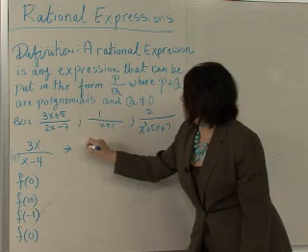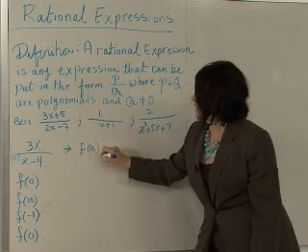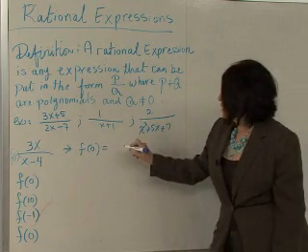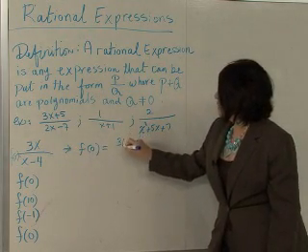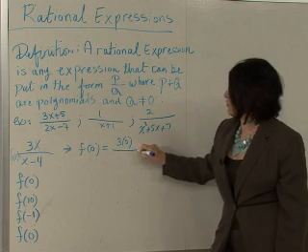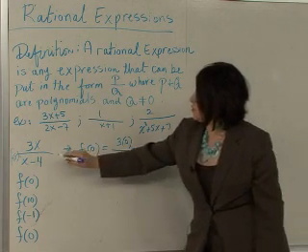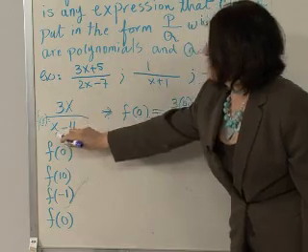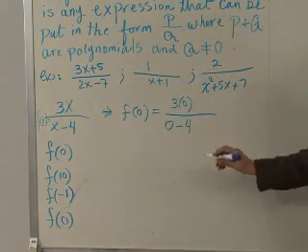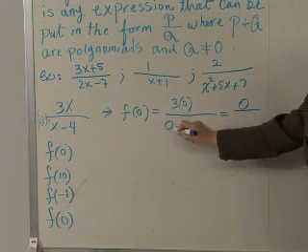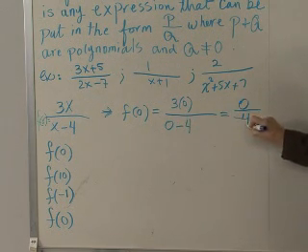I'm going to say f of 0, that means the y value when x is 0, is 3 times 0 over 0 minus 4. So you're going to plug in 0 for any x that exists in this function. 3 times 0 is 0 over 0 minus 4 is negative 4.